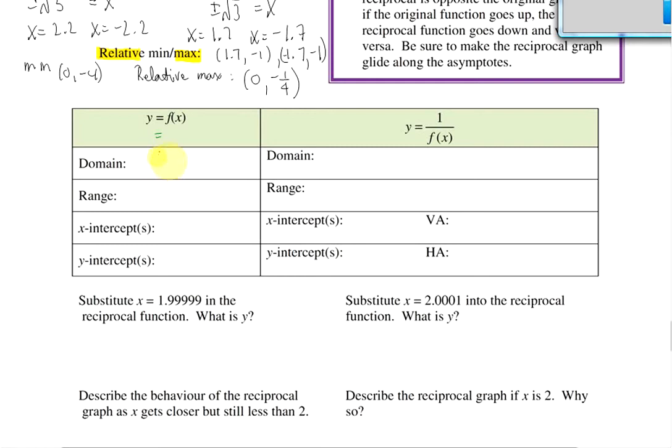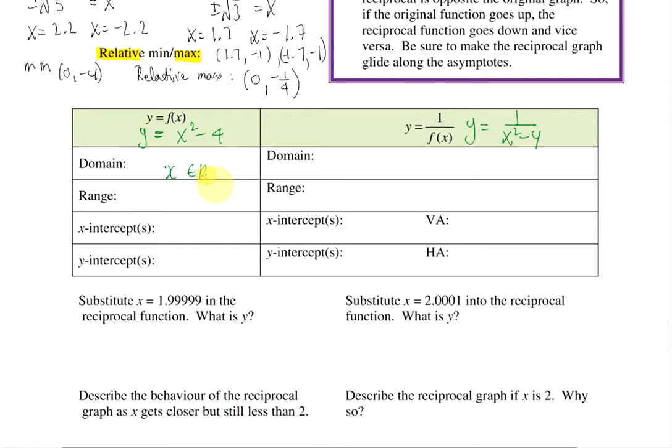The chart then, we're going to compare our original function, which is y equals x squared minus 4, with our reciprocal function, which is 1 over x squared minus 4. So our domain for our original function, which is a quadratic, is all reals. And our range, if you recall, is related to our vertex.